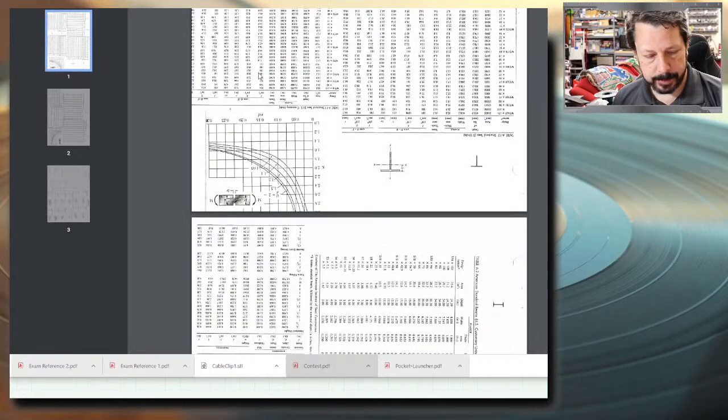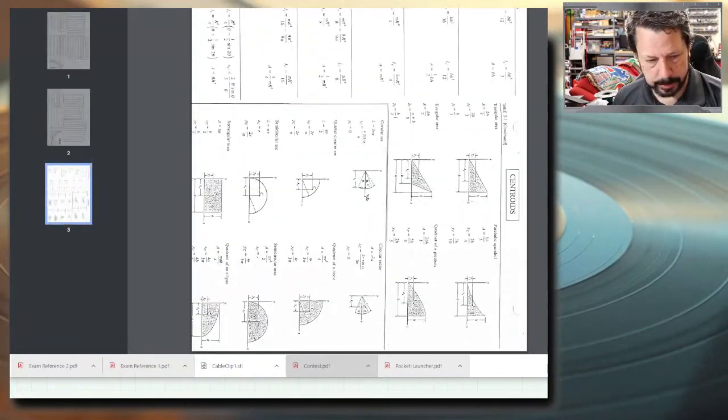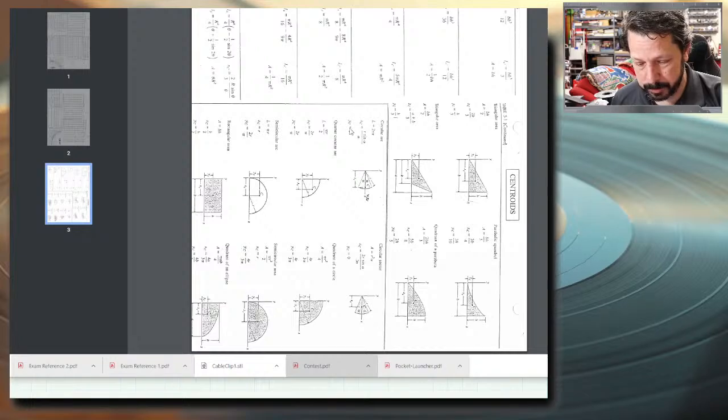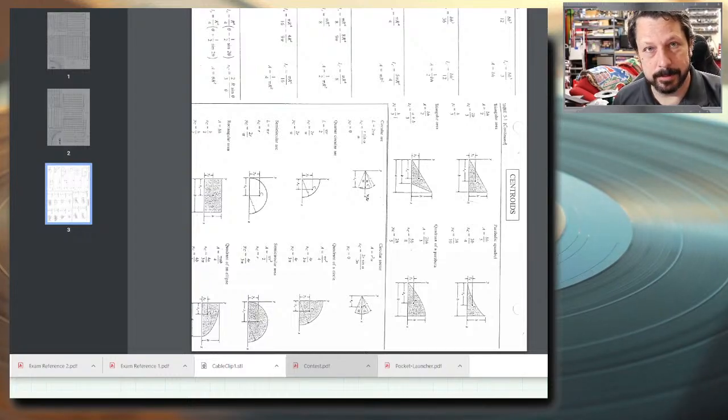So you will have them. Here they are. They're in the exam reference 2 PDF, in the reference materials on the introduction part of Moodle. And if I remember, or if somebody reminds me, I will also put these on exam 1 day so it's easier to find. These are copies from the book, the same book that you're using.